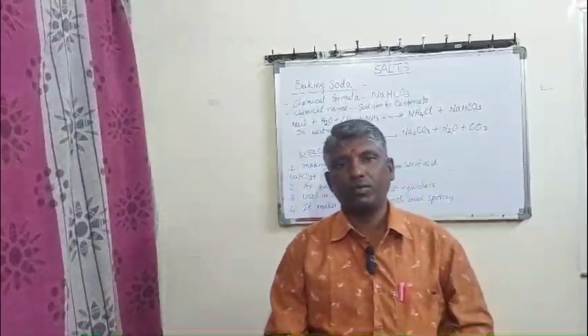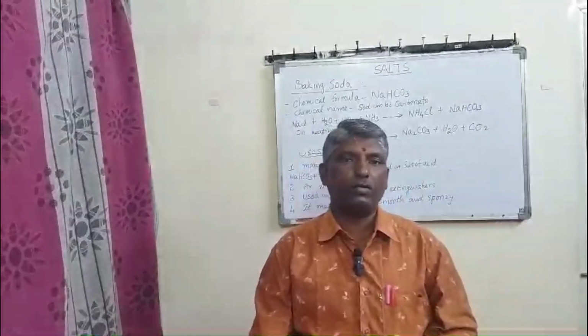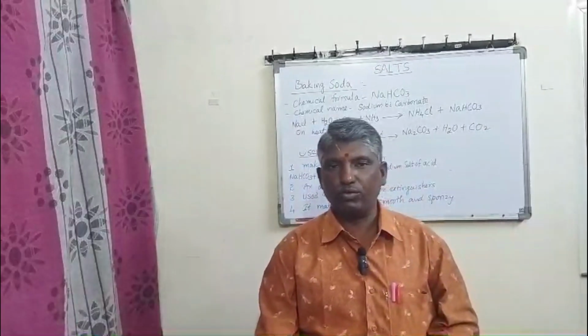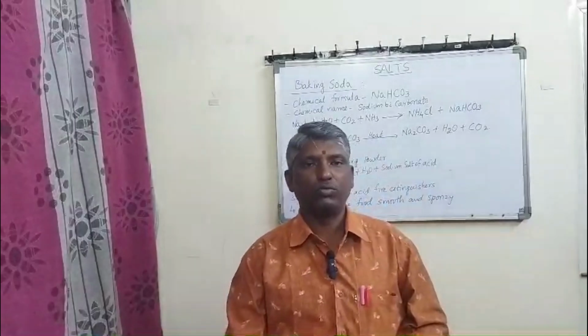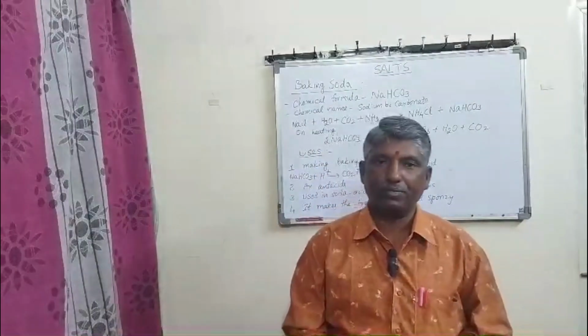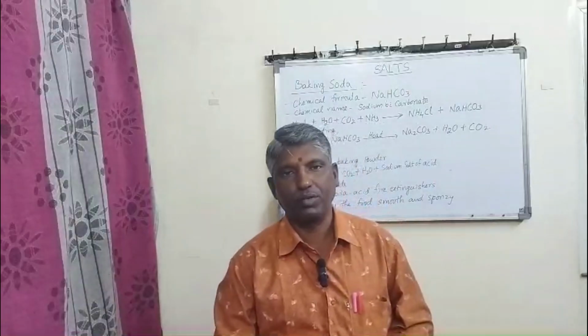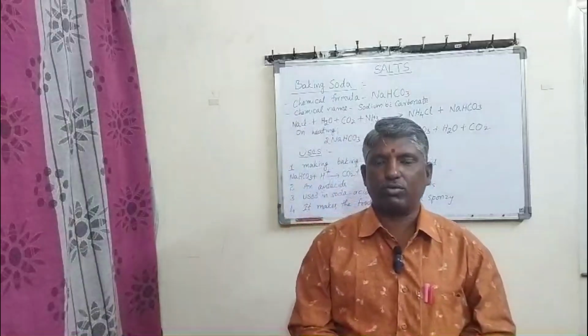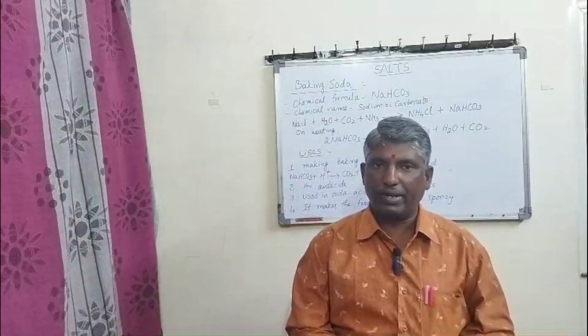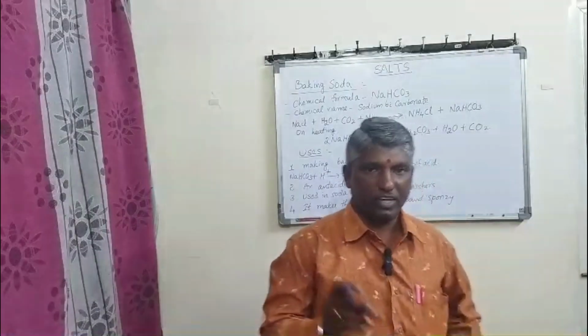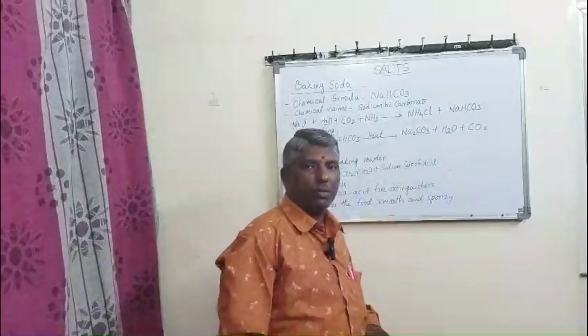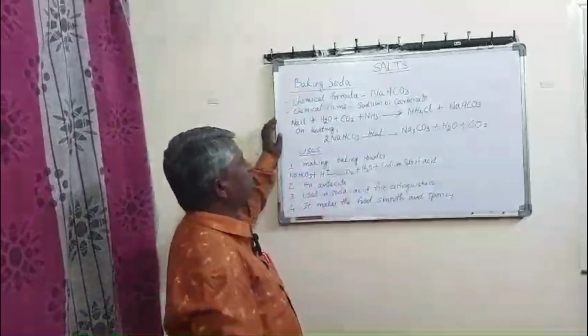Baking soda. Baking soda is also called sodium hydrogen carbonate or sodium bicarbonate. Its chemical formula is NaHCO3. Sodium bicarbonate is also used in our daily life. Sodium bicarbonate is prepared by one simple test.